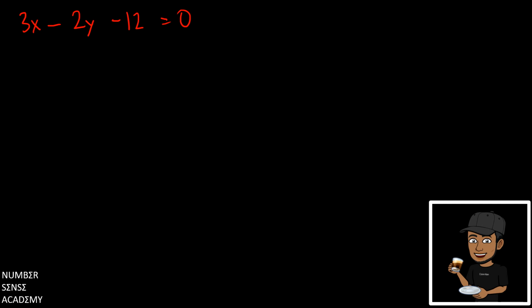Well, one, the equation is in standard form or general form. We know it's a line, because every single variable has only exponent 1, and there's only one variable per term. So those are the two things we know.